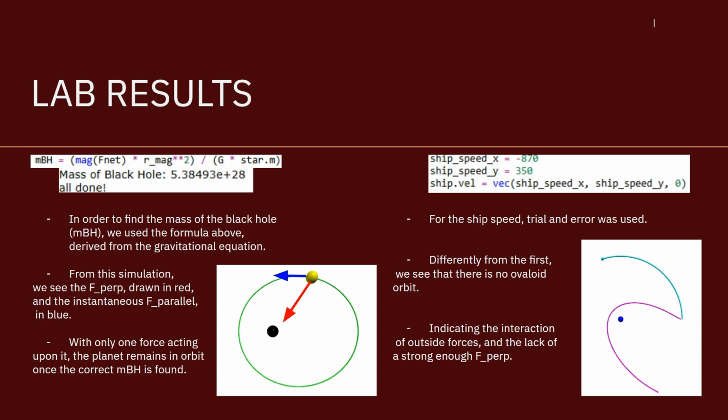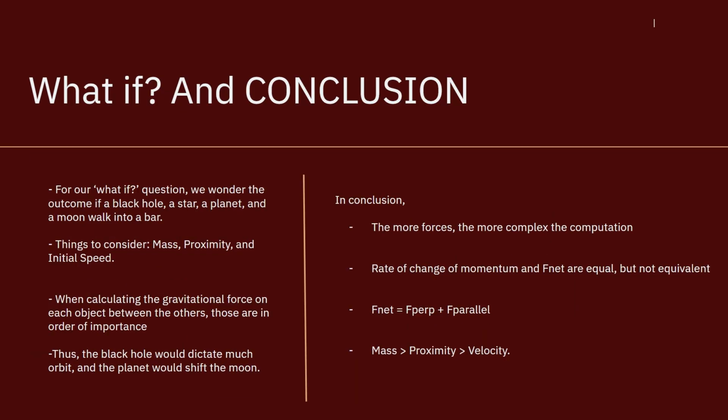This lack of a lasting continual orbit shows the interaction of outside forces and the lack of a strong enough F perp to keep that ship in motion around the planet. This also shows how more objects in space and more gravitational pull adds a more complex layer to our calculation.